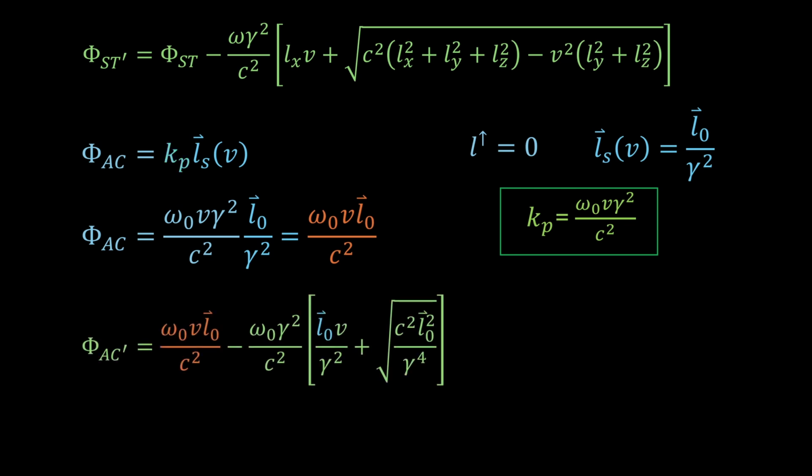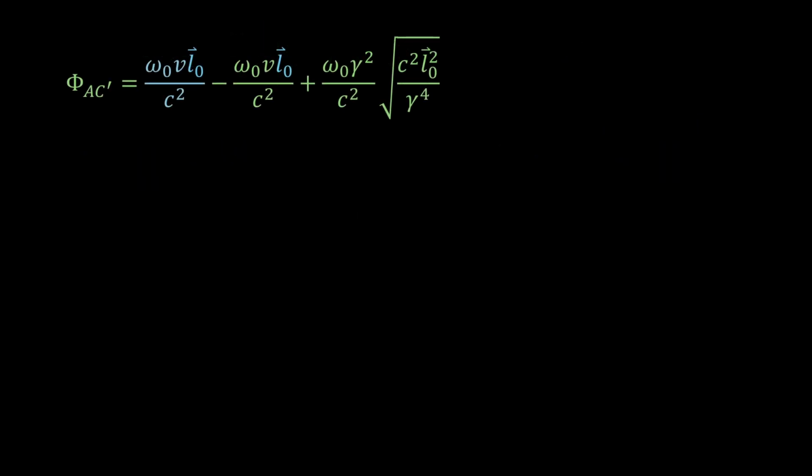Also, we put in the expression for the separation in the direction of motion as a function of velocity, and note that the physical separation in the y and z directions are both 0. When we open the square brackets, the first two terms are seen to cancel, and the square root contains a perfect square, so we can remove it.